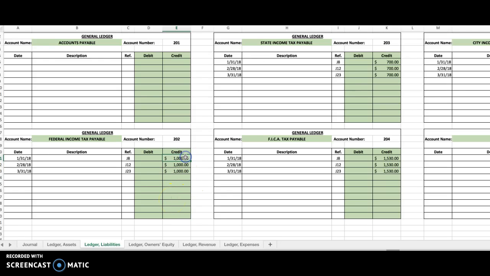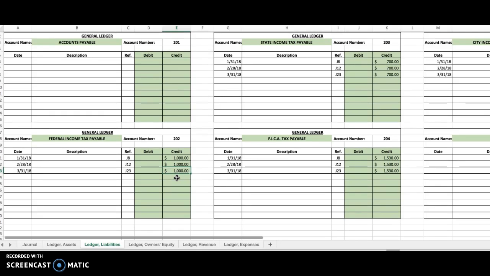So each month I have kept out from the employees $1,000, each time from their money that they earned, and now I have to pay it for them. And there's a process again for this as well, and the government's going to let me know, but I better have the $3,000 tucked away here in this account so I can pay it. And we'll show you how that works a little later as well.